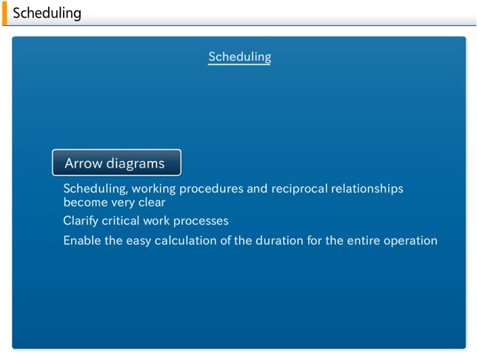In addition, these diagrams clarify critical work processes, as well as enable the easy calculation of the duration for the entire operation. Arrow diagrams contain the following elements.